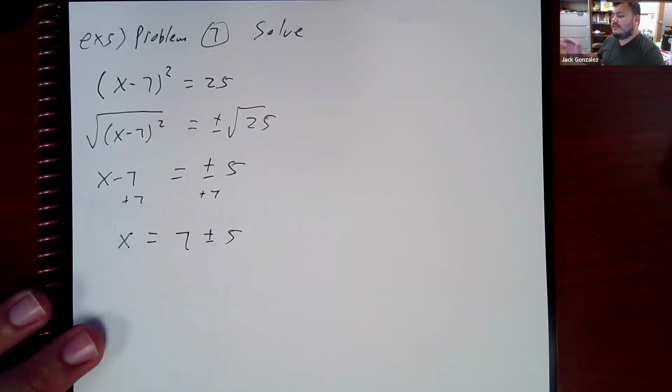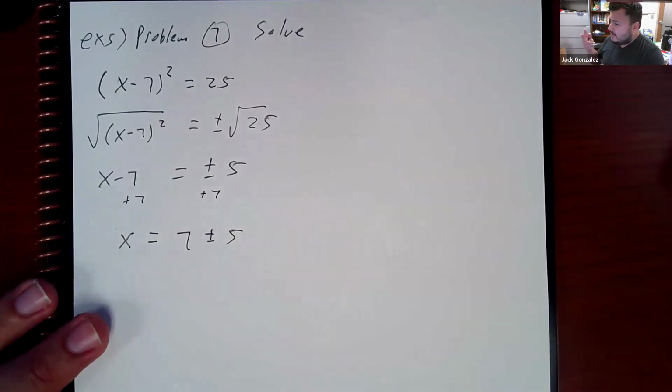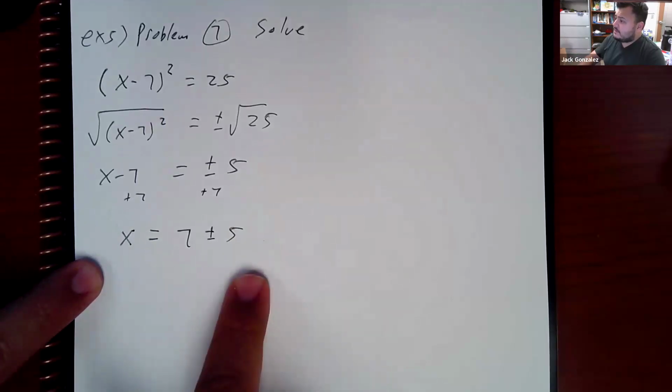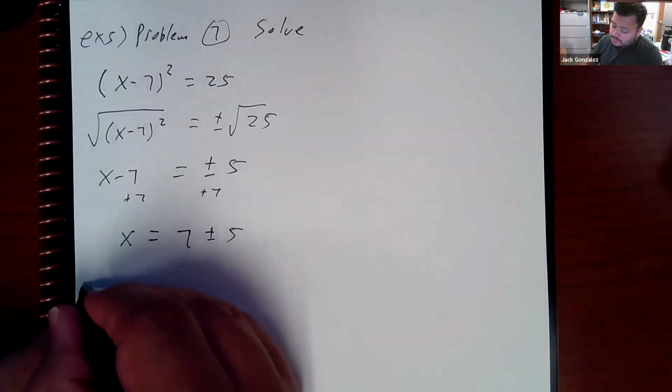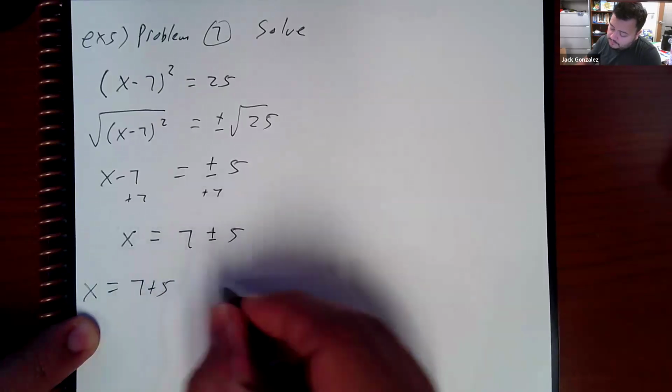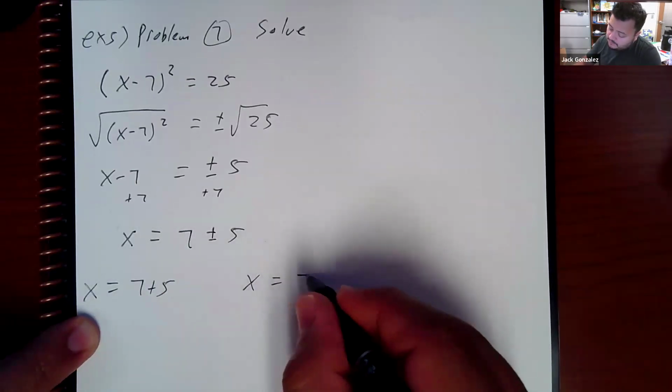So 7 plus or minus 5. Notice how that's two different answers, right? So x is equal to two different things. So in other words, what is 7 plus 5? What is x equal to 7 minus 5?